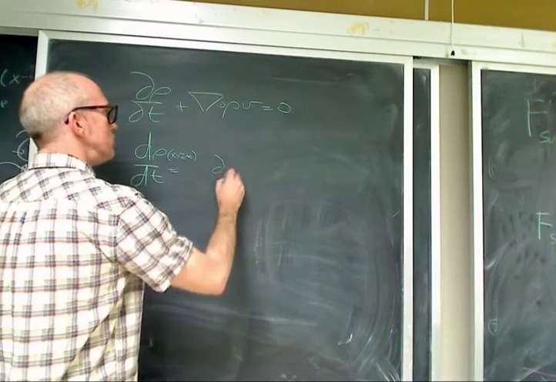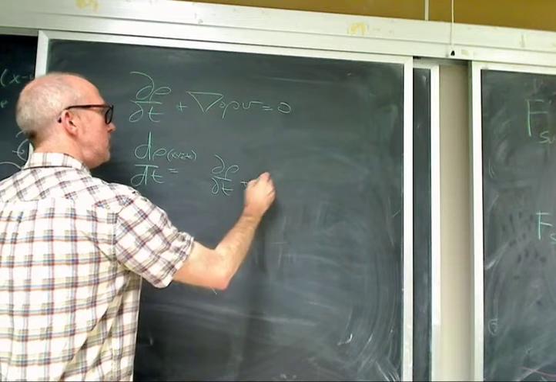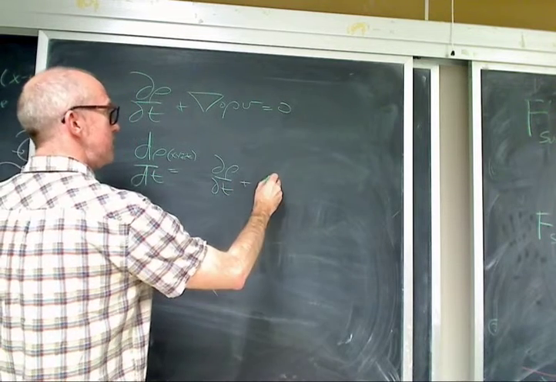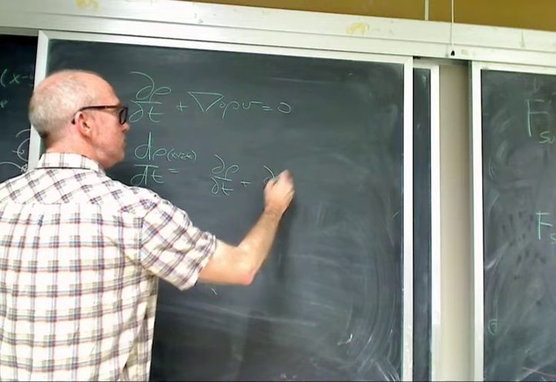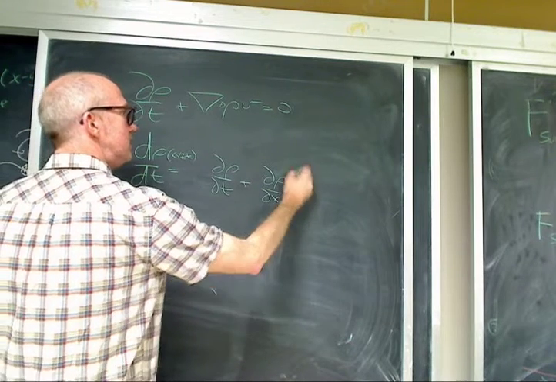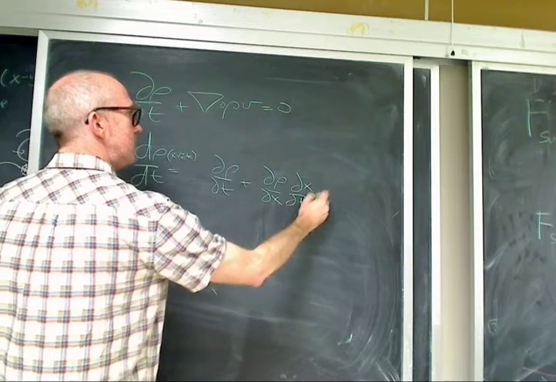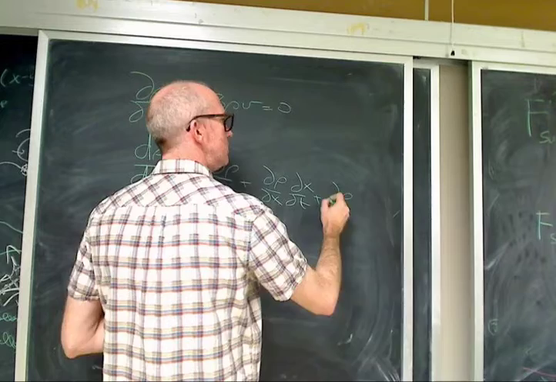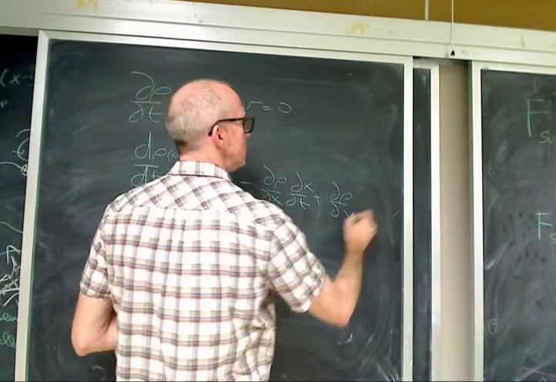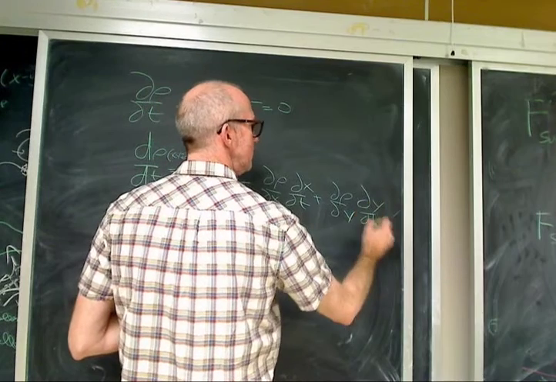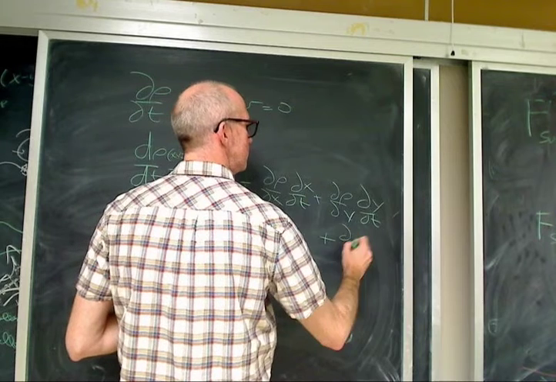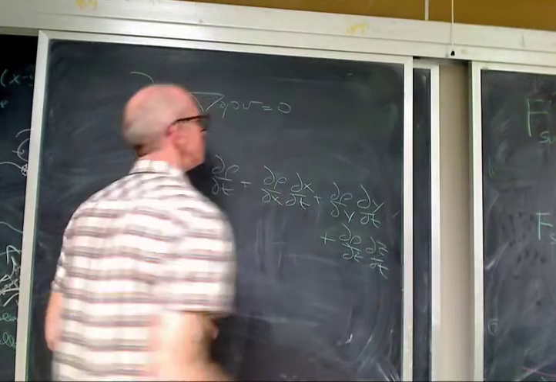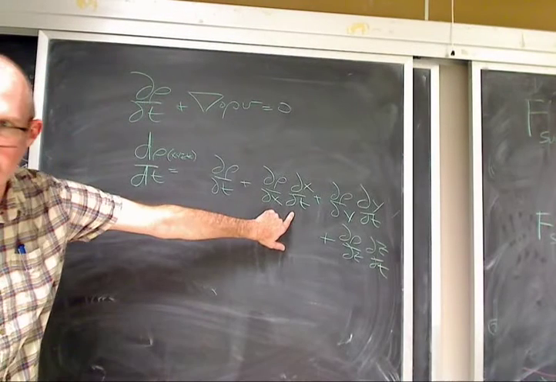So this is partial rho partial t plus, I did this already, but I'm going to do it again, and you're going to do it again. This is a running theme. d rho dx, dx dt, plus, somebody help me out, what comes next? d rho d what? y, dy dt. And then the last one is what? d rho dz, dz dt. Yay.